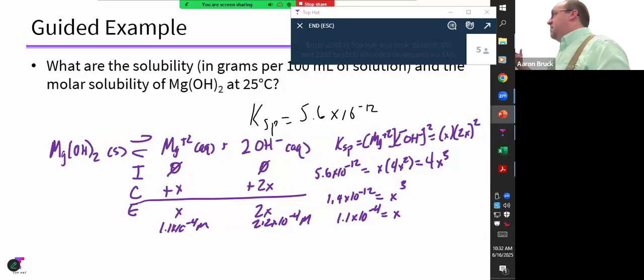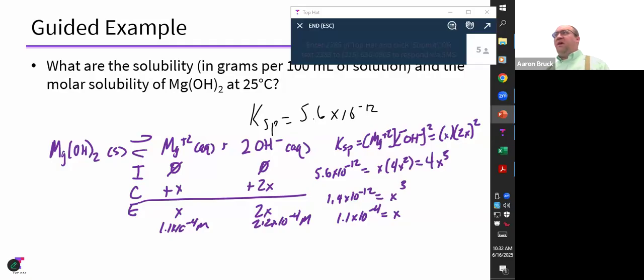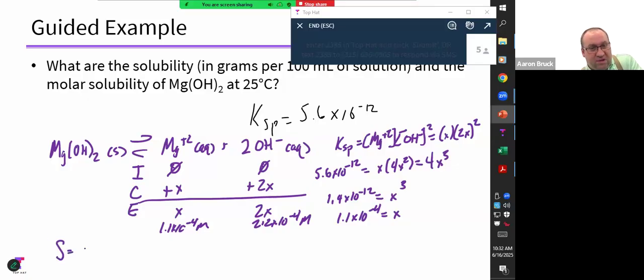Since it is hydroxide, I could run that through a pH calculation if I wanted to, but we're not being asked to. So molar solubility would be just the value of X, 1.1 times 10 to the negative 4th molar.